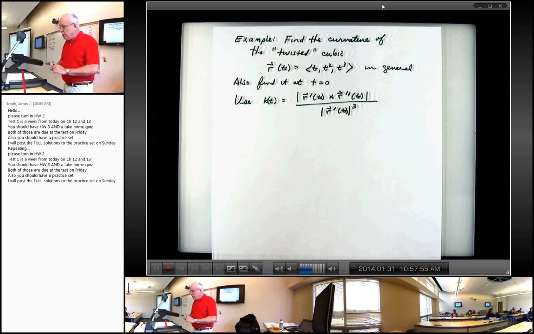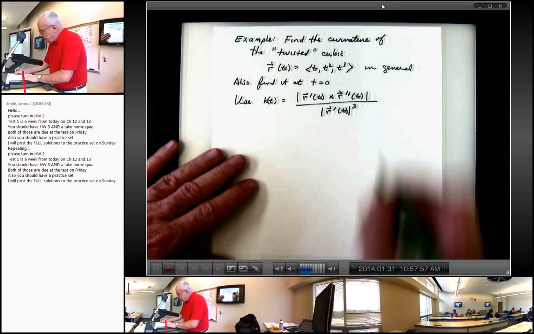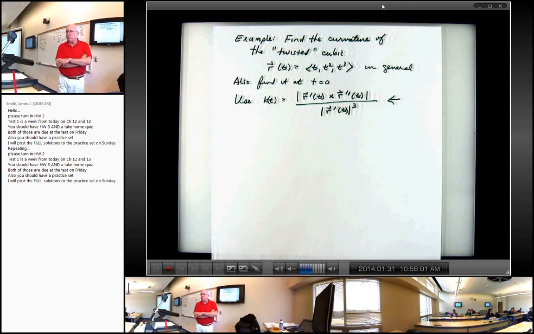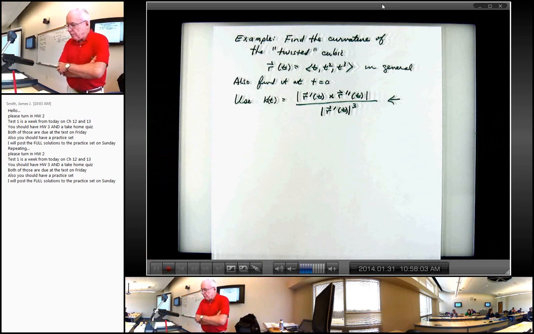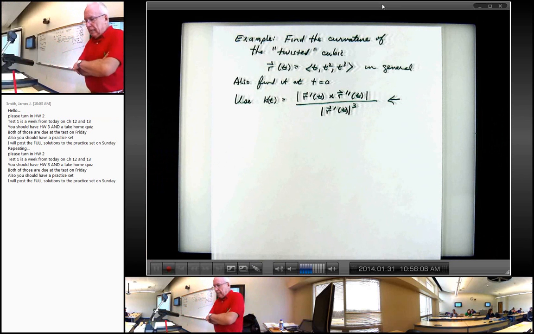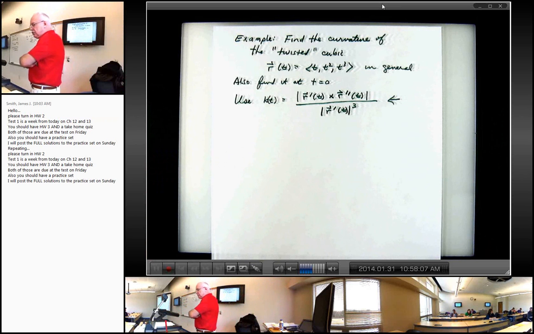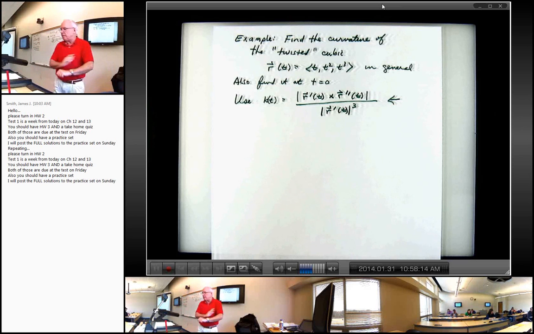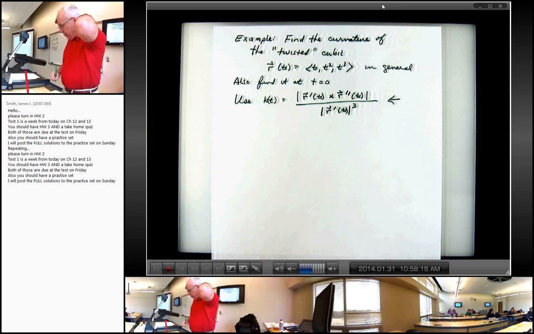And I'm going to use the alternate formula for curvature, and I'm thinking that generally this one will be a little bit more user-friendly. Okay, so that's just an FYI for you guys.